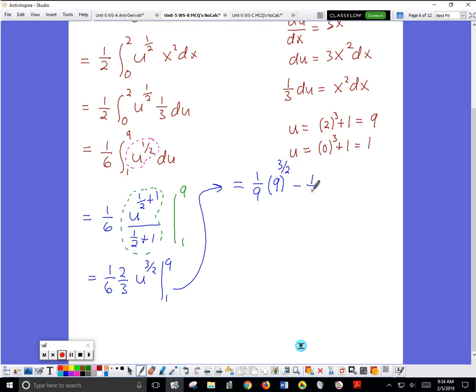Subtract 1/9, 1 to the 3/2. When you have a fractional exponent, remember you've got to take care of both the power and the root. The root is typically easier. Square root of 9 is 3. 3 cubed is 27. One to any power is just 1.